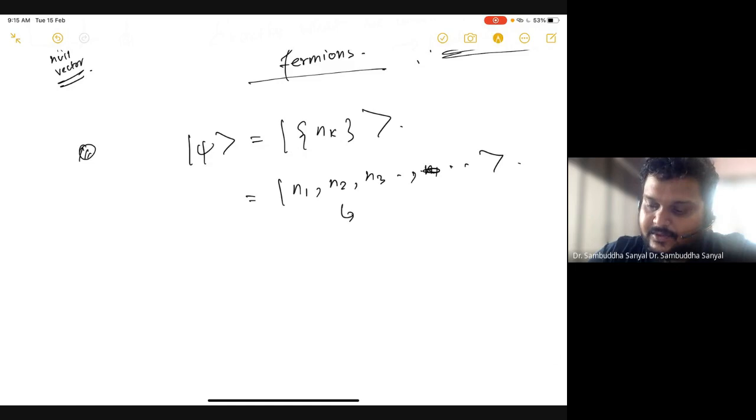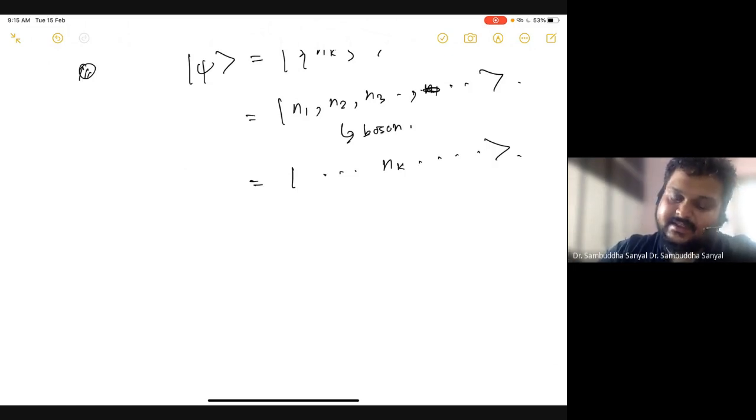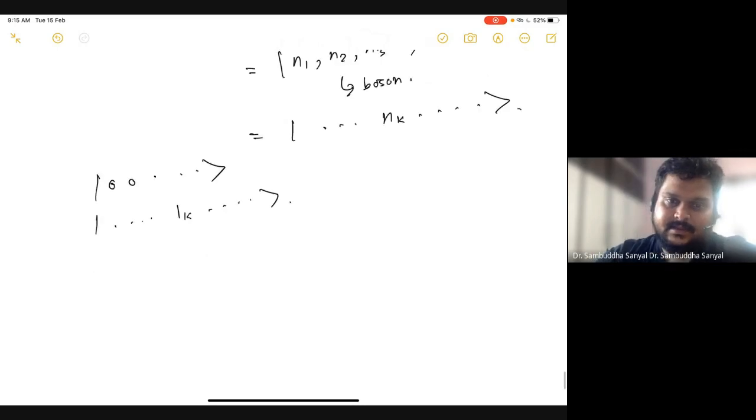Let's say it's a boson or symmetric wave function. This can be anything: if there is no particle anywhere, it will be 0 0 0 0 0. If there is one particle in the k state, it will be 0 0 0 1 in the k state and 0 everywhere else. This is the generic representation of my bosonic Fock space.